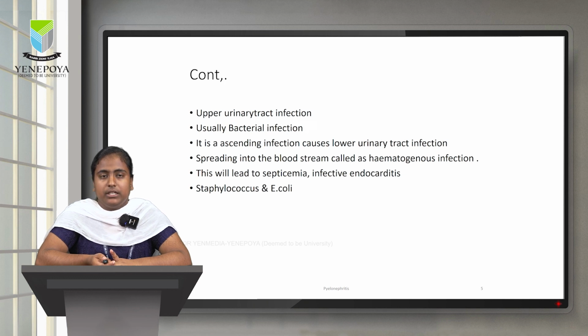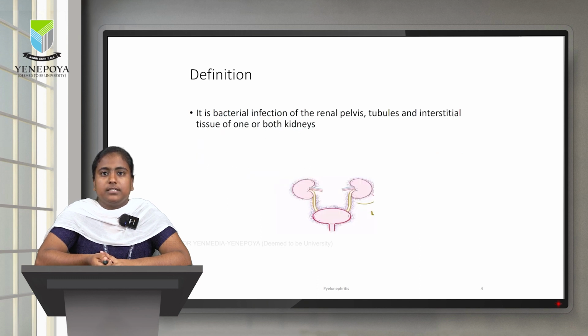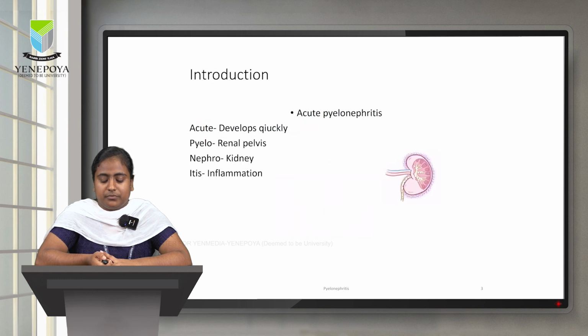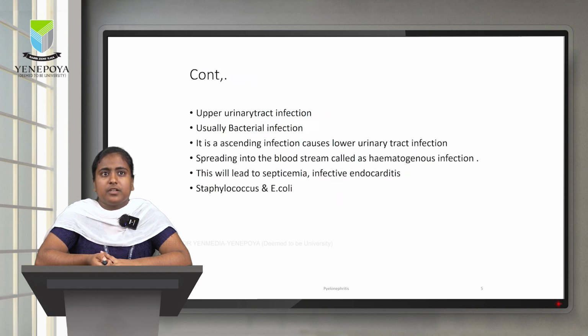So usually the upper part of the urinary system is the kidney and ureter, and the lower part is the bladder and the urethra. So this acute pyelonephritis can develop in the upper urinary tract, and also in the lower urinary tract.